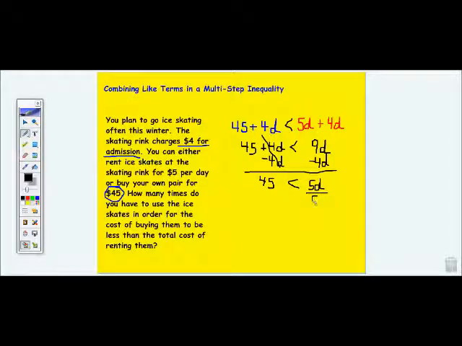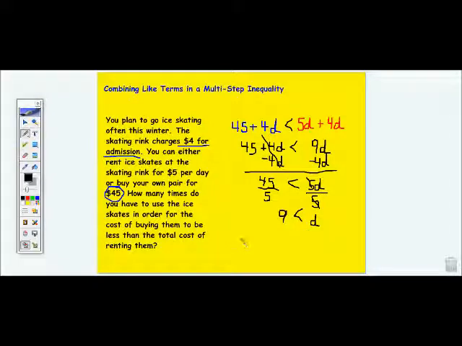So I want to divide by 5 because 5 over 5 equals 1, giving me my 1d. No negative involved, so I can leave my inequality symbol the same. And I will go ahead and divide the left side by 5 as well. 45 divided by 5 would give me 9. So the number of days needs to be greater than 9 days in order for buying or purchasing my ice skates to be a better deal.